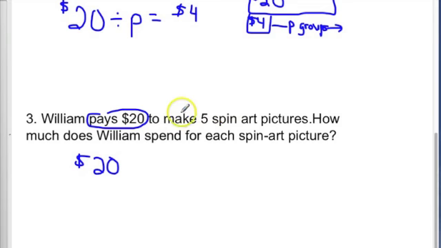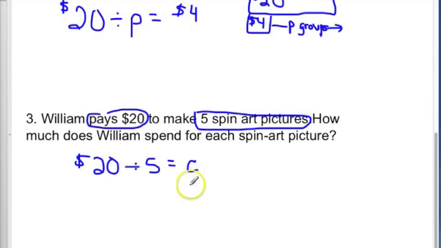We know that he pays $20 to make 5 spin art pictures. Okay? So we're going to divide by 5 equals, this is going to be our cost for each picture. How much does he spend for each picture? And I'm just going to use the variable C to represent cost.